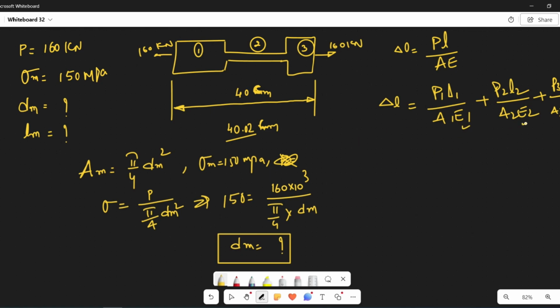E is constant for all of them, but area is changing. By the way, 0.2, please keep that in mind. Now P is also constant, take that out, divided by the length of the first segment.